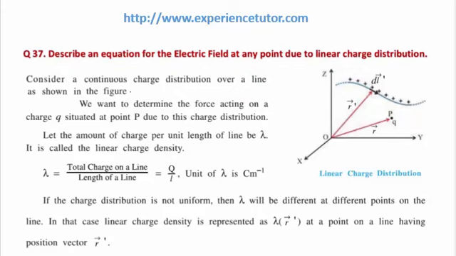If the charge distribution is not uniform, then lambda will be different at different points on the line. In that case, linear charge density is represented as lambda of r' at the point on the line having position vector r'.